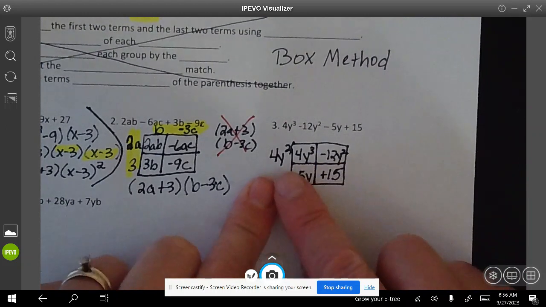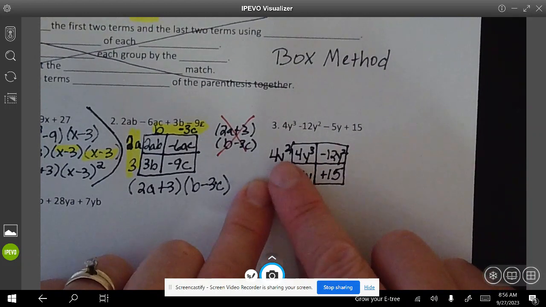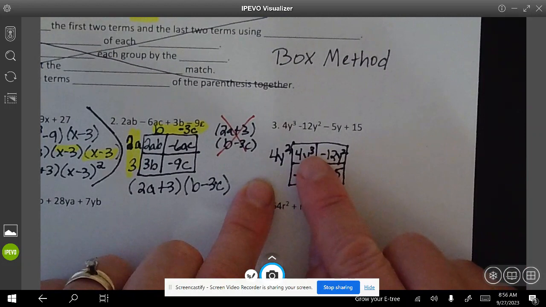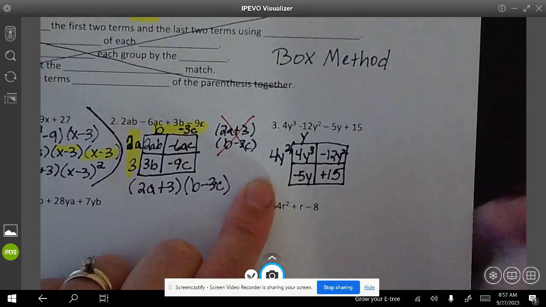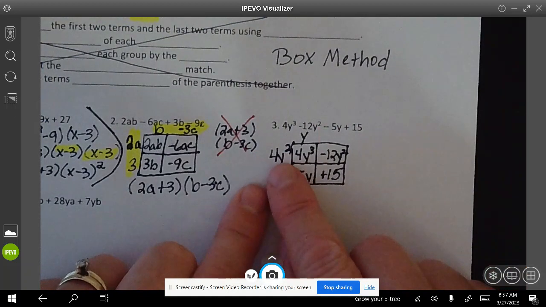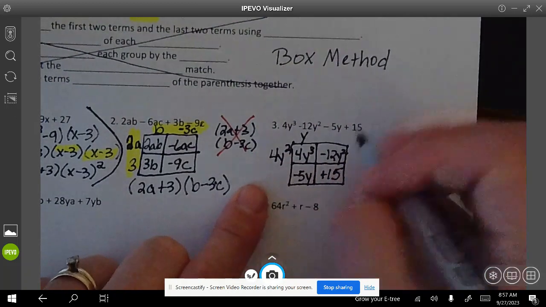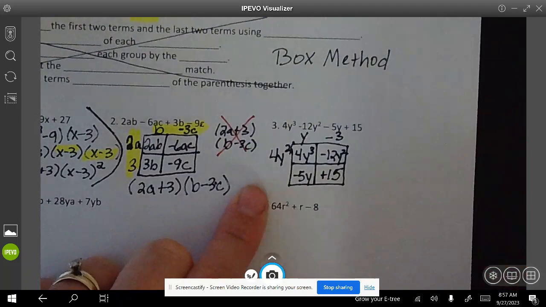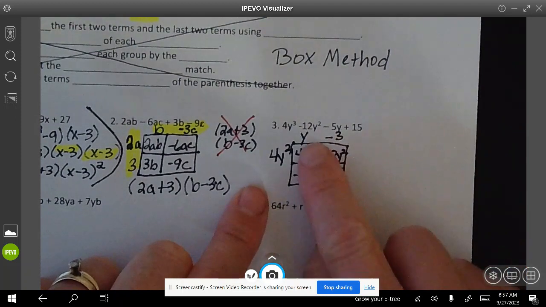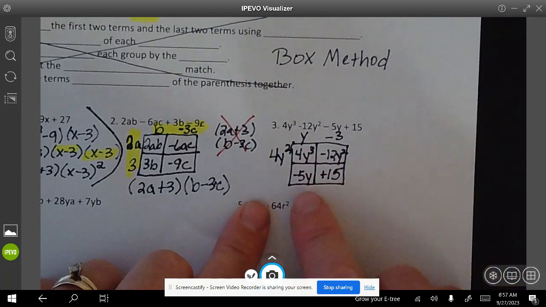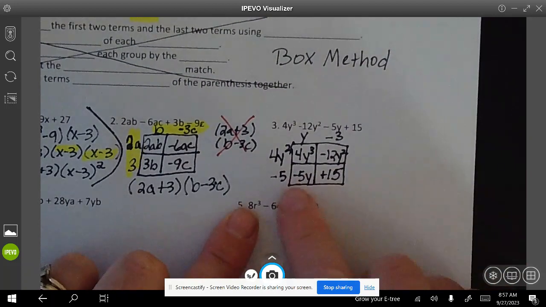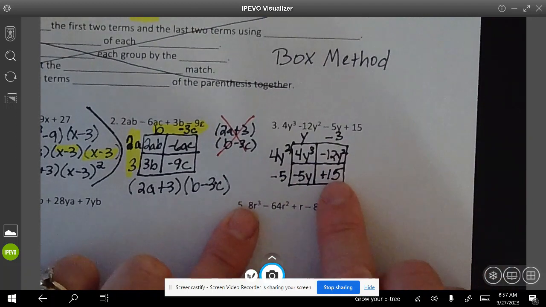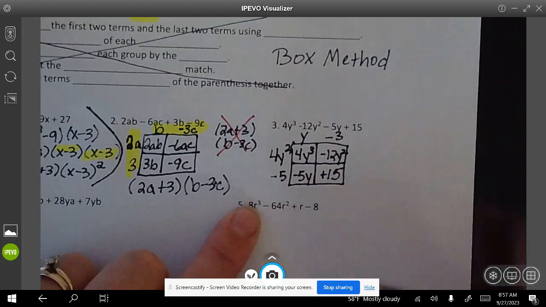Now we say, what do I multiply by 4y squared to get 4y cubed? Well, that's y. What do we multiply by 4y squared to get negative 12y squared? That is negative 3. What do we multiply by y to get negative 5y? Negative 5. And negative 5 times negative 3 is positive 15. So we did that correctly.